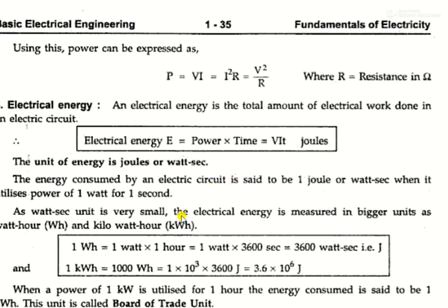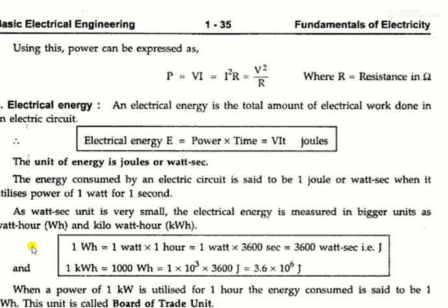So we must know the relation: 1 watt hour is 1 watt into 1 hour, that means 1 watt into 3600 seconds, which equals 3600 watt second, that is joule.